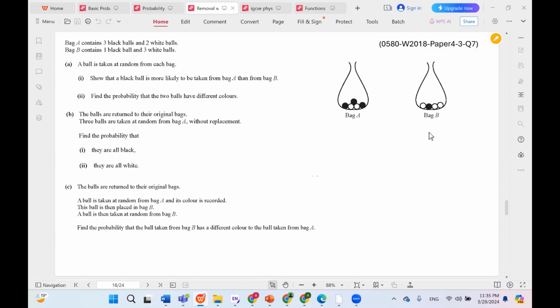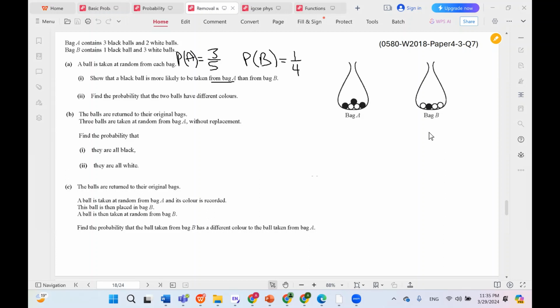So the probability of taking a black ball from bag A would be 3 over 5. This is probability of A. And then probability of B, which is taking a black ball from B, would be 1 over 4. So in order to show that one is greater than the other, we need to have a common denominator.